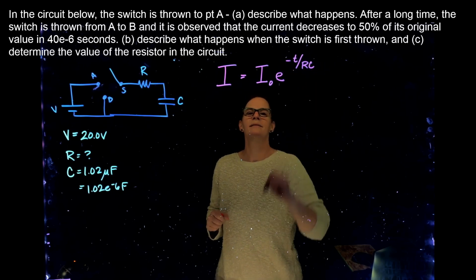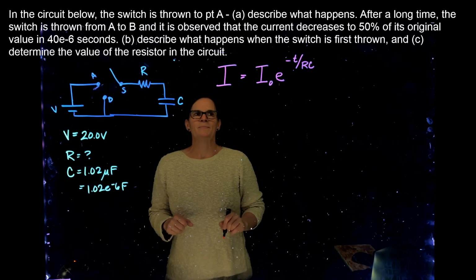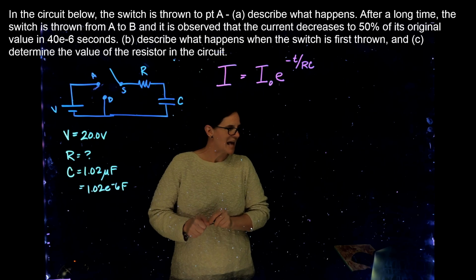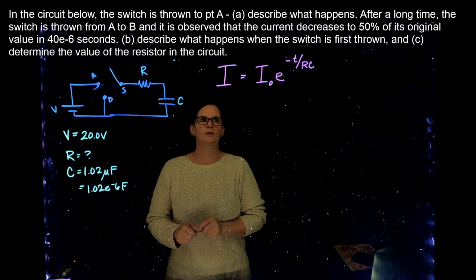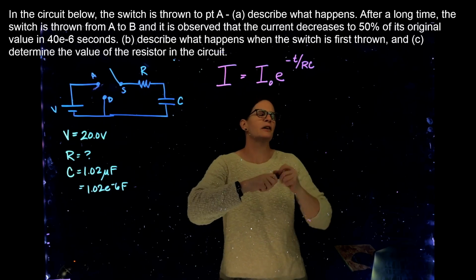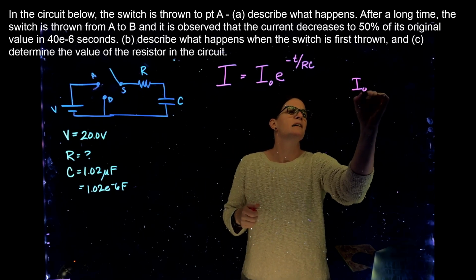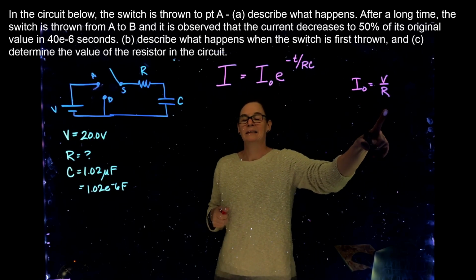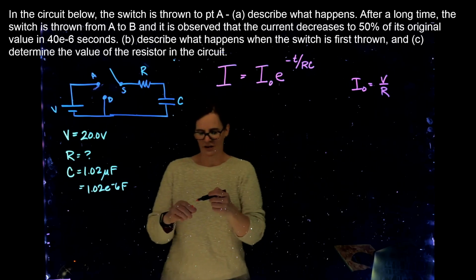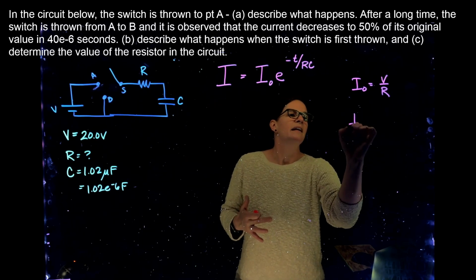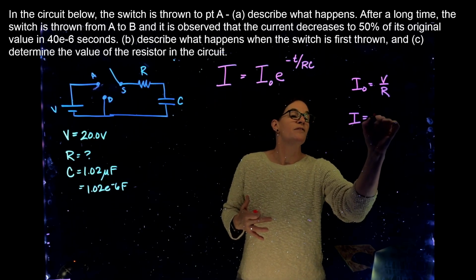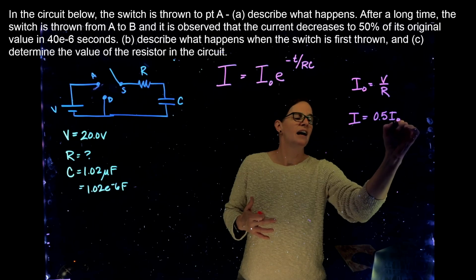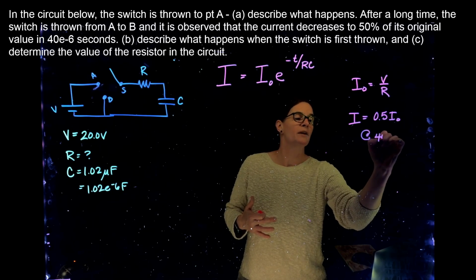So this is our base equation. We are told that it reaches 50% of its original value. Remember I naught is equal to the voltage over the resistance. I don't know the resistance, so I can't get a number for that original value, but I'm told that I equals 50%, or half, of I naught at 40 microseconds.